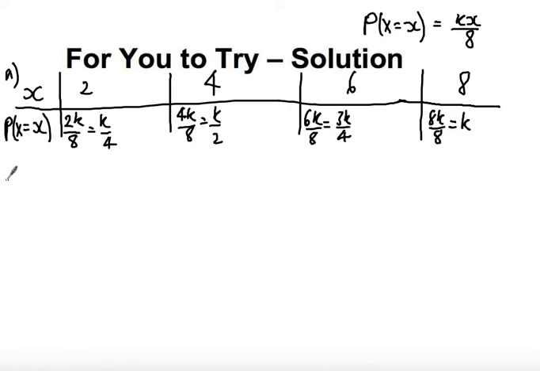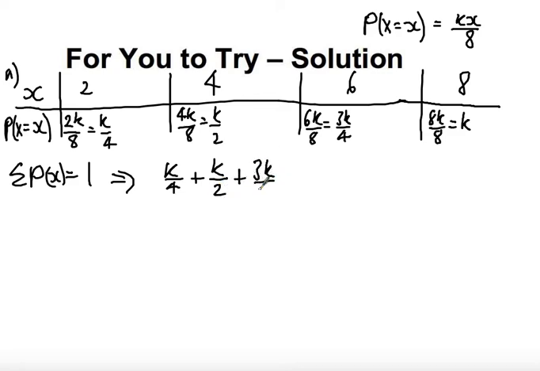So there's our probability distribution in terms of k. What we want to do though is find out what k is. So we know that the summation of the probabilities is equal to 1. So that means k over 4 plus k over 2 plus 3k over 4 plus k is equal to 1.